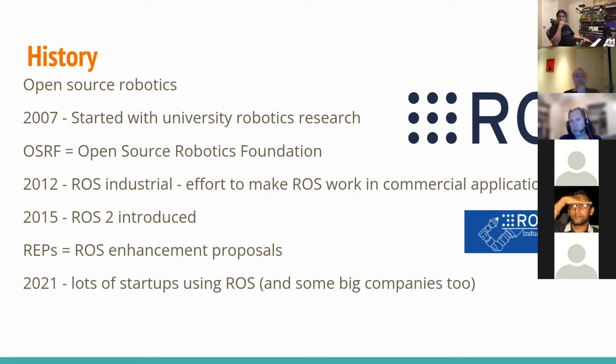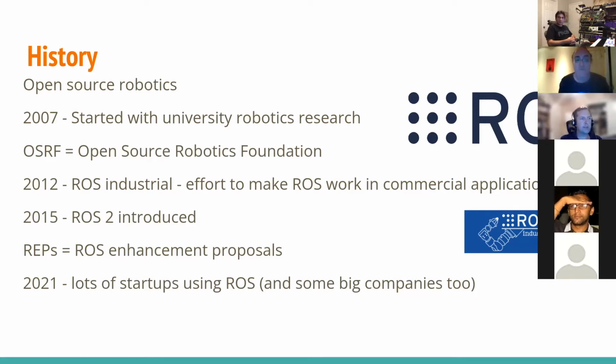Willow Garage was one of them in the past. In 2012, there was a group to do ROS Industrial. So the idea was to take it out of the university and make it more applicable to the business environment, where you've got some of these different commercial control systems with PLCs and whatnot.